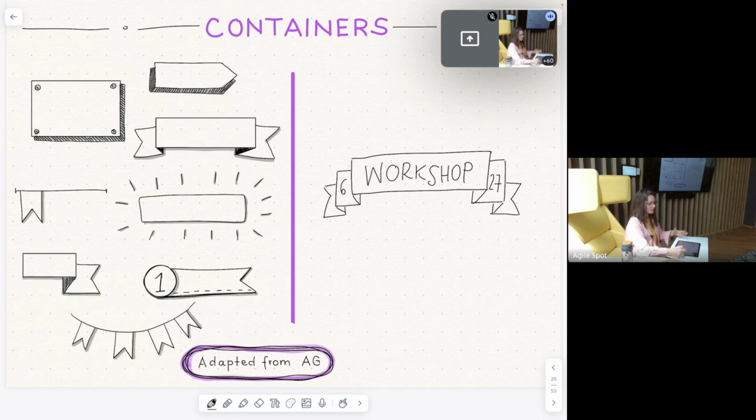So it can be used not only to decorate the title, but also to contain some information. And of course, it's a super good candidate to add shading and coloring, because, for instance, those things under the ribbon, you can add the coloring, and it has this 3D look.